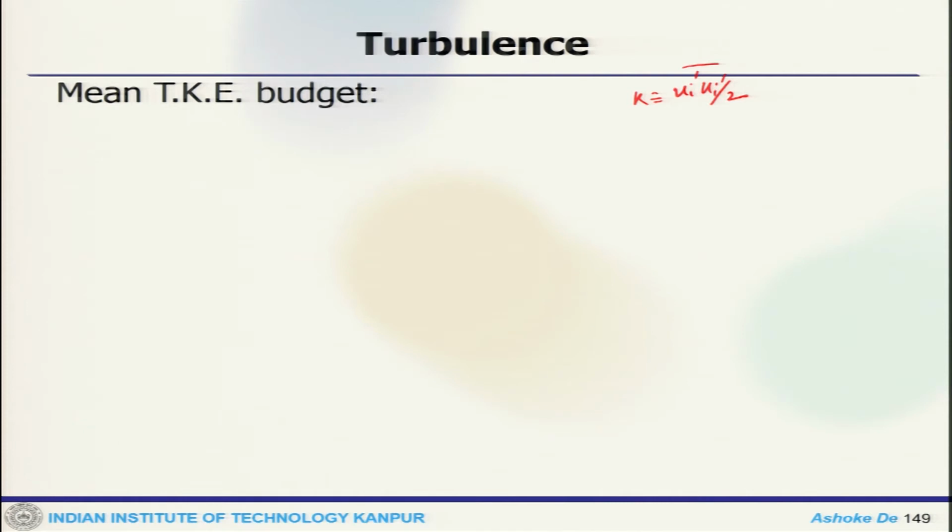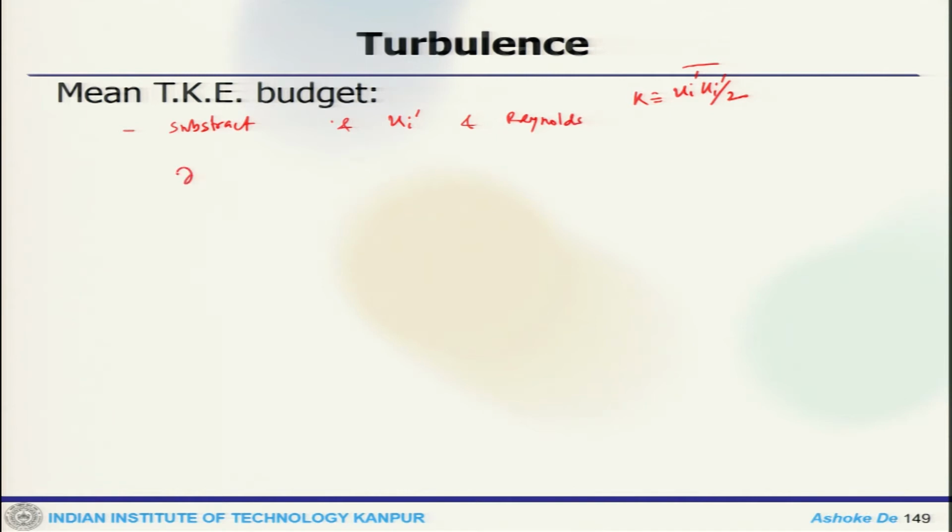Now, we subtract the mean momentum equation from the momentum equation, multiply by ui prime, and take Reynolds averaging.